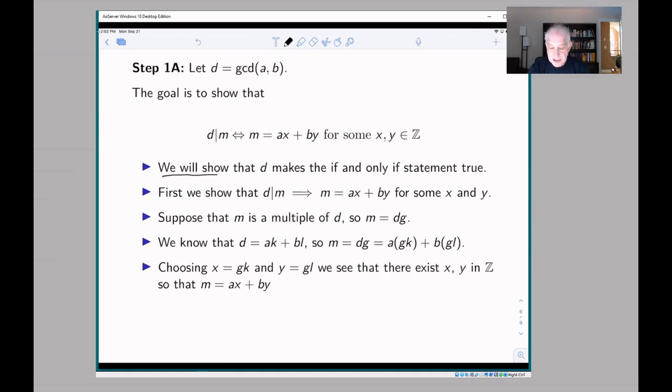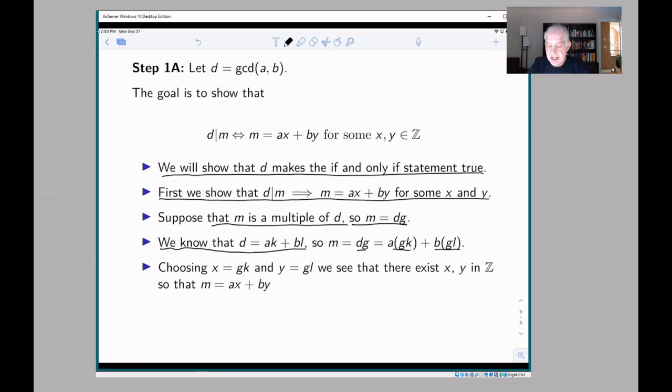So as I point out here, we are going to show that D makes the if and only if statement true. First we show one direction of the if and only if statement, namely D divides M implies M equals AX plus BY for some X and Y. So we assume that D divides M, so M is a multiple of D, meaning M is D times G for some integer G. We use what we proved in Euclid's algorithm to write the GCD as a linear combination AK plus BL, and then we multiply both sides of this equation by G, and we get GD equals AGK plus BGL.